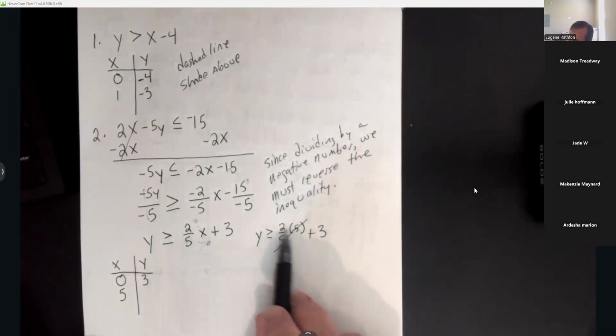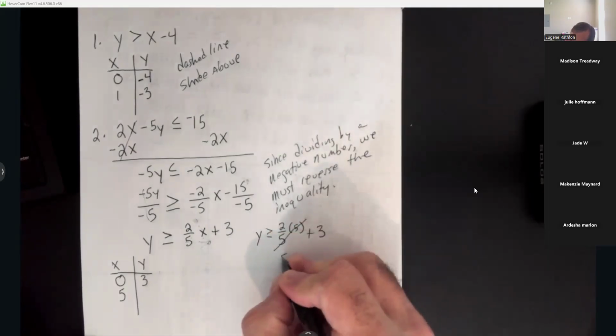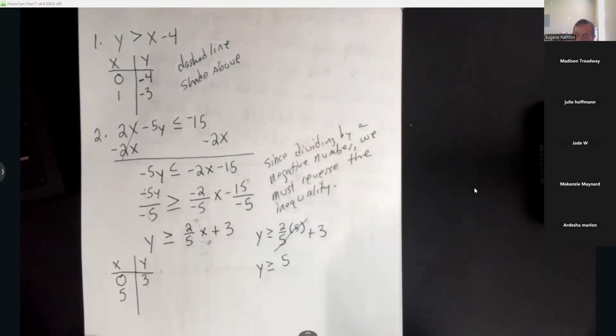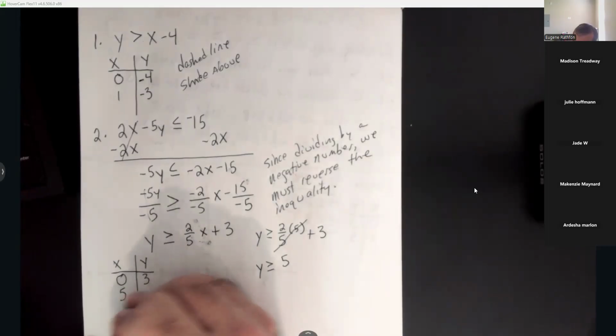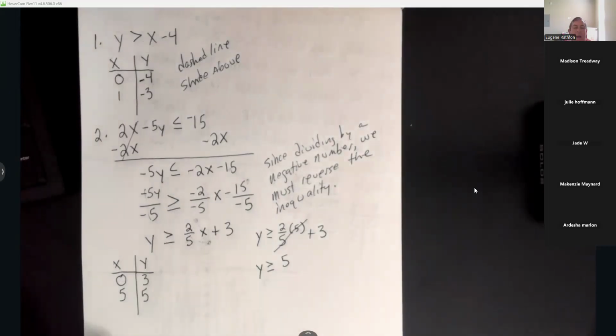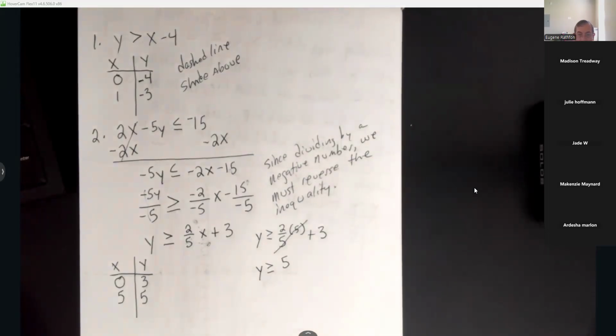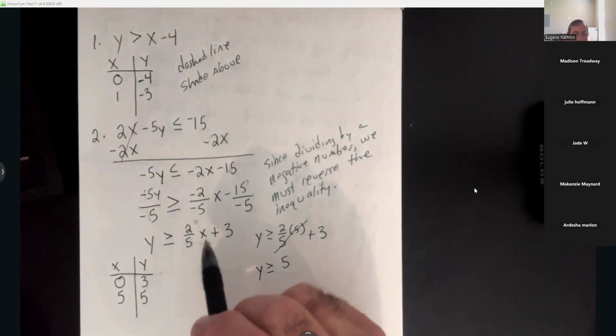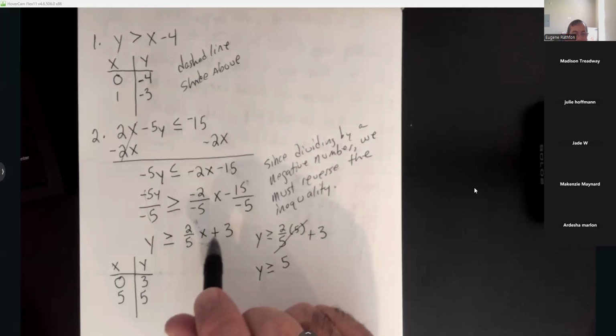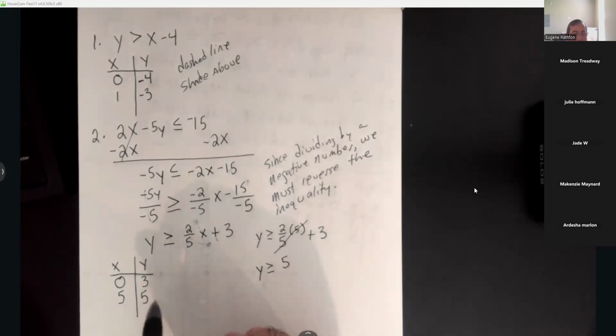So all that's left is 2 plus 3, which would give me a 5. So when x is 5, y is 5, okay? Alrighty. So I've got two numbers.